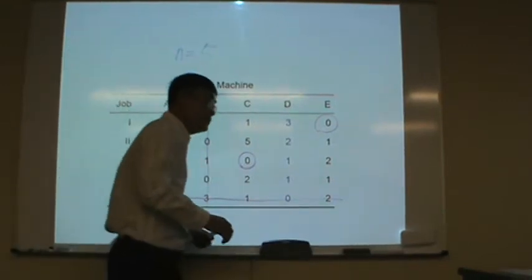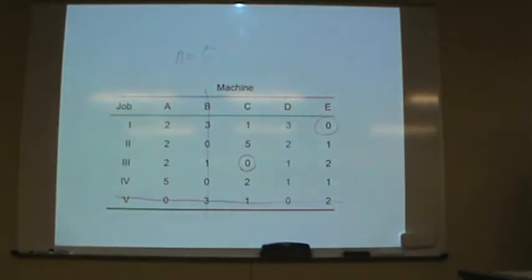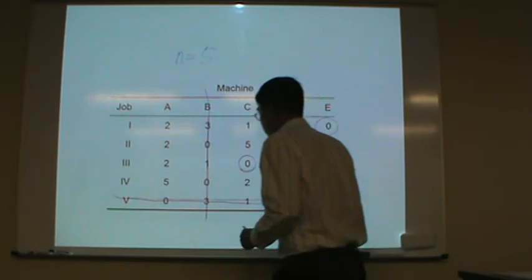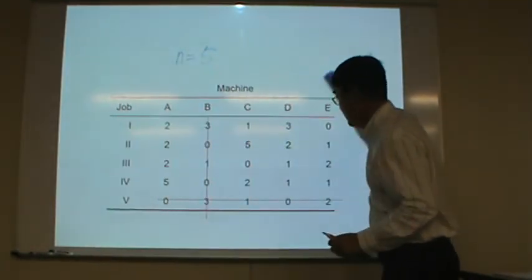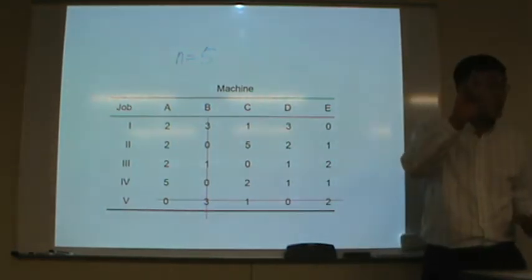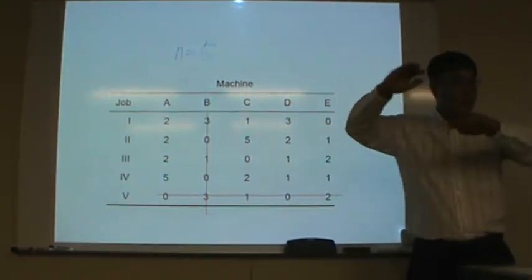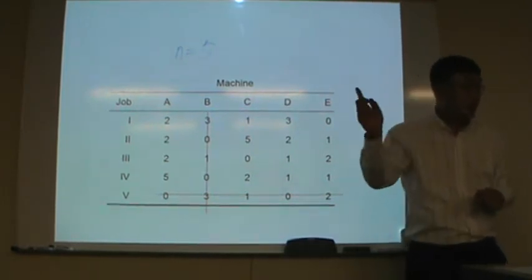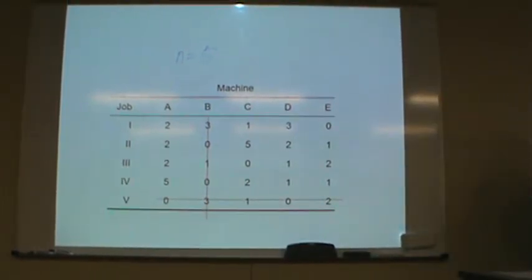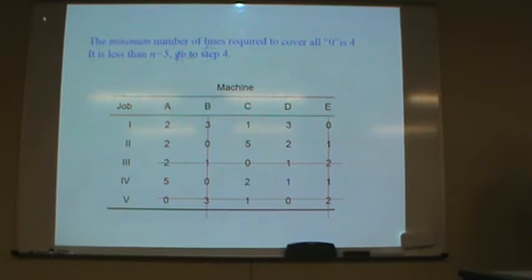Anyway, first we cover 0. If there are 2 or more 0 on a column or row, cover first, and then I use this one or this one.